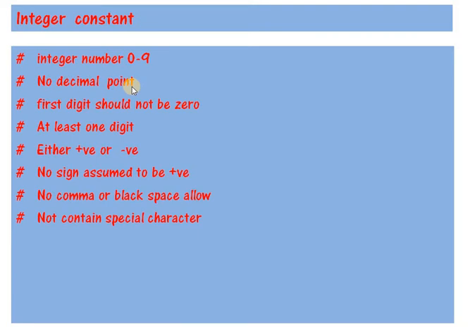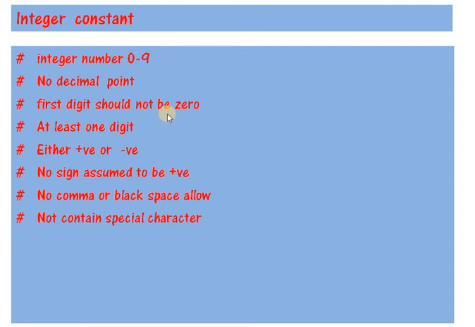We cannot use a decimal point in our integer constant. Third, if the constant contains two or more digits, the first digit should not be 0.